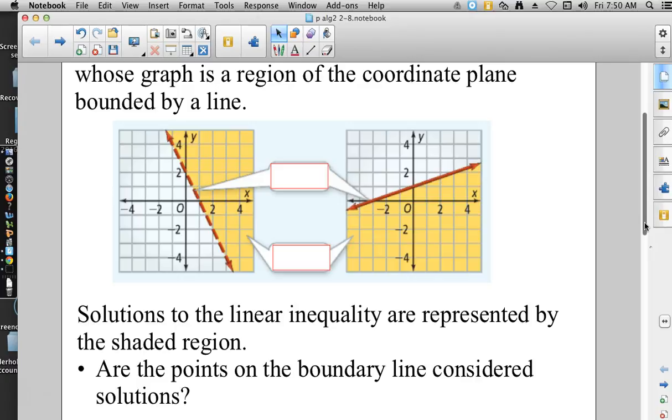But over here with the dashed, that's just a boundary line. It's a line that says, hey, these don't work, but all of this good shaded stuff over here, yeah, those are a go. So they are called boundary lines, but one gets graphed as a solid because the answers on that solid line actually work in the inequality.